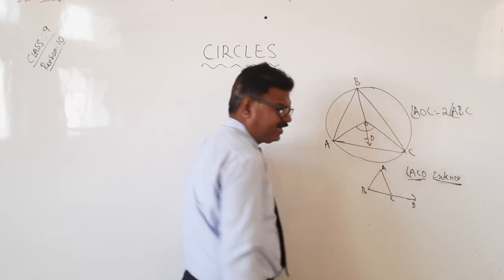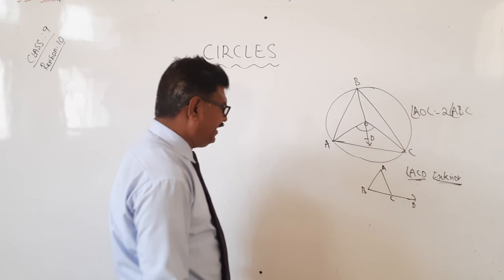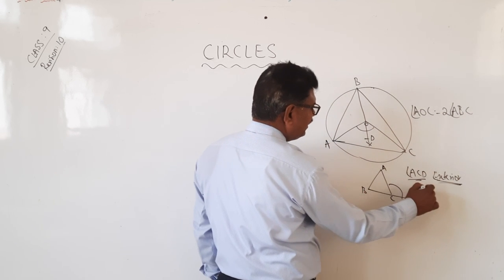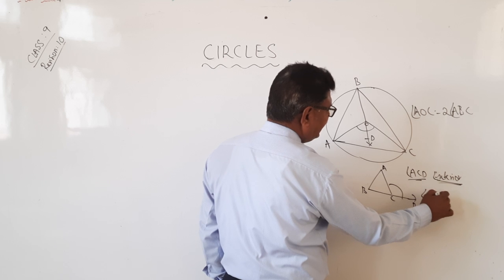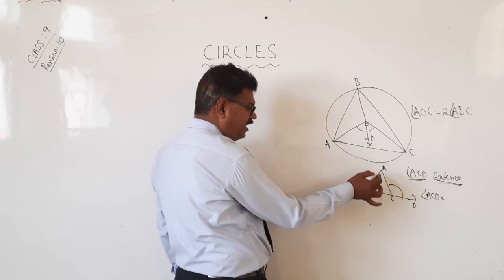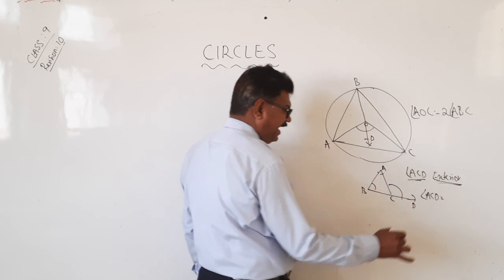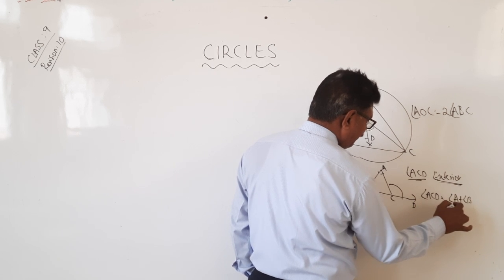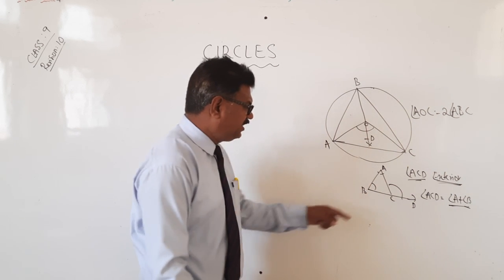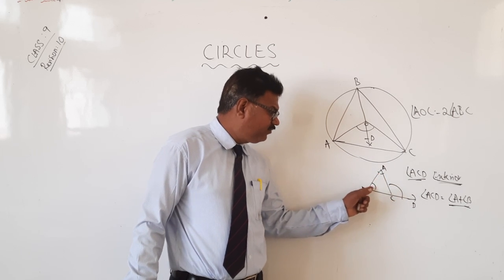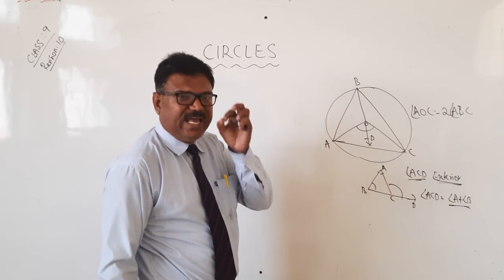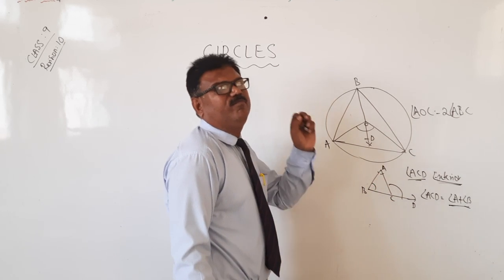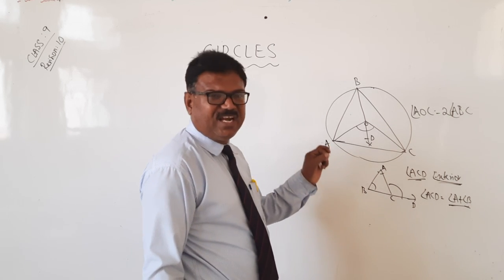When it is exterior, angle ACD will be equal to the sum of the opposite interior angles, that means angle A plus angle B. Understood? This is the property of exterior angle.